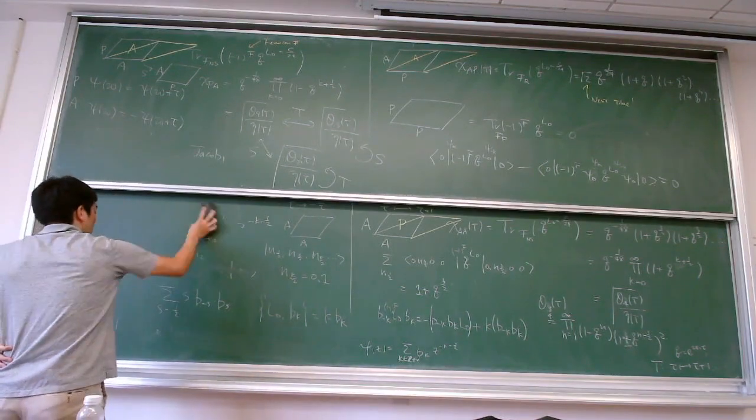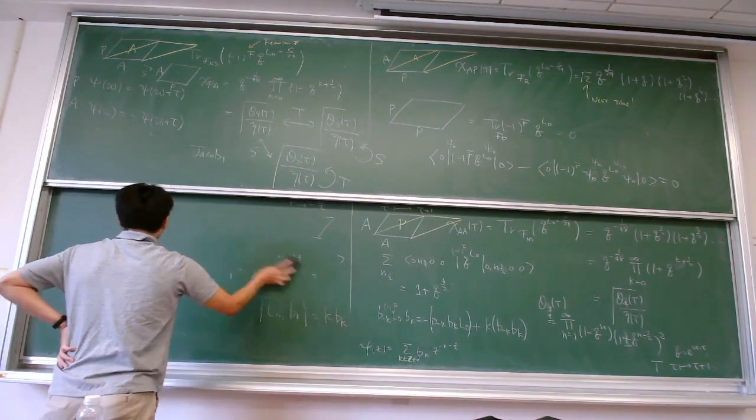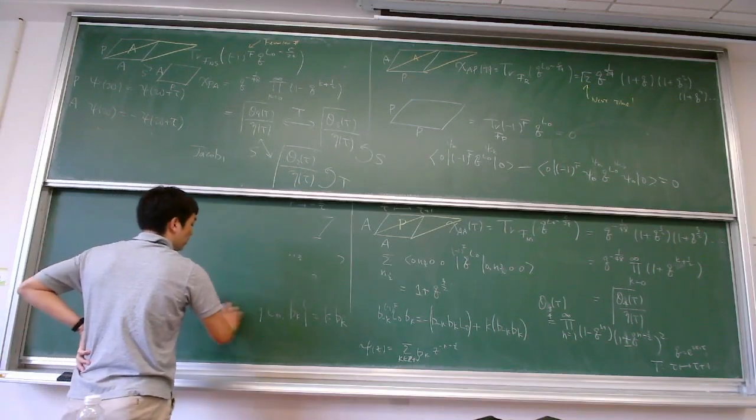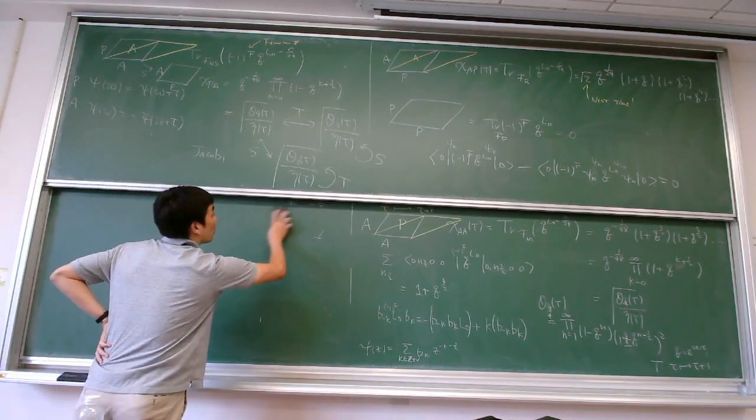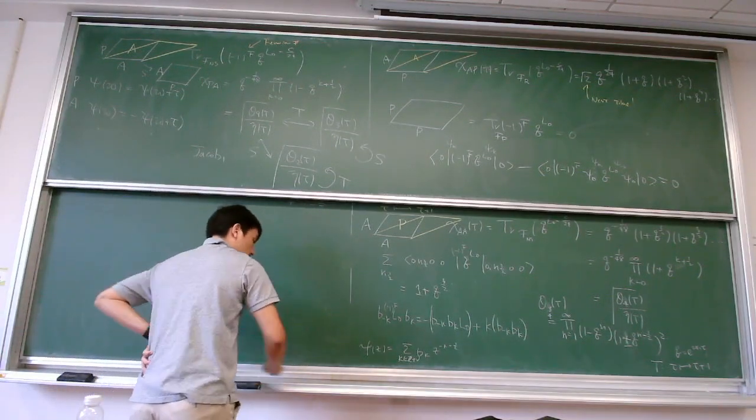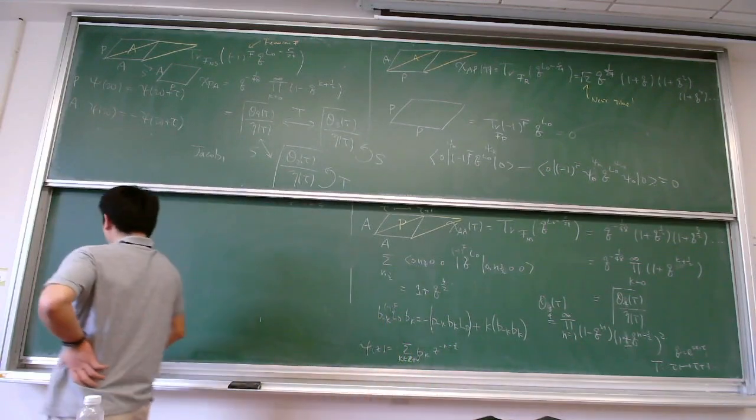Now you have to sum over all the boundary conditions, periodic and anti-periodic.